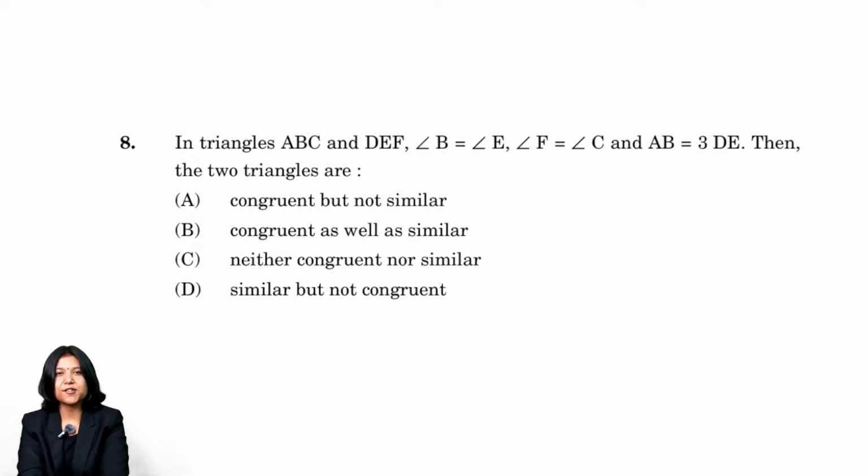So this year you're all studying similar triangles. Congruency you studied in class 9. In class 10 you're studying all about similar triangles. The concept of similarity, I tell all my students, is just like you and your photograph. Your photograph is a highly reduced size as compared to your real size.